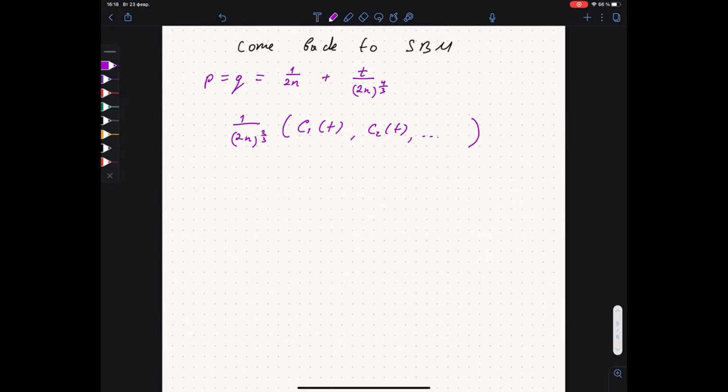But our goal is to study the limiting behavior of the stochastic block model when one probability is asymptotically different from the other. We are interested in the case when q_n is asymptotically smaller than p_n. That is, the probability that edges between vertices from different classes appear is asymptotically smaller than for the edges inside one group.